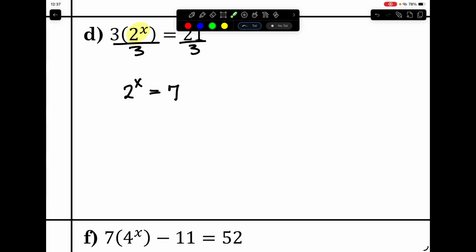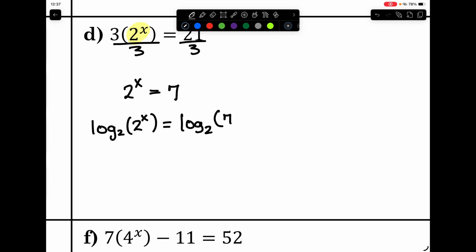But then, like I mentioned on the previous example, I then just use the change of base property to write that with natural logs. So here, I would take the log base 2 of 2 to the x, log base 2 of 7. And again, by doing that, this step becomes a lot quicker because this cancels out automatically, leaving us only with x.